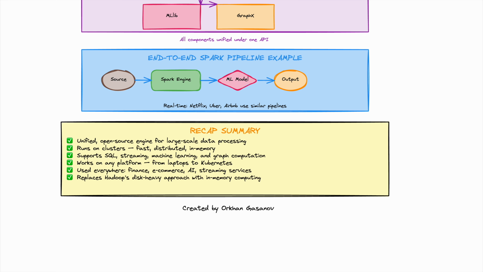In our examples, we are going to run Spark on laptops, but from laptops to Kubernetes, it's used everywhere. It's the de facto standard for how we process large data. It's used in finance, e-commerce, AI, and streaming services. It replaces the Hadoop MapReduce approach with in-memory computing.